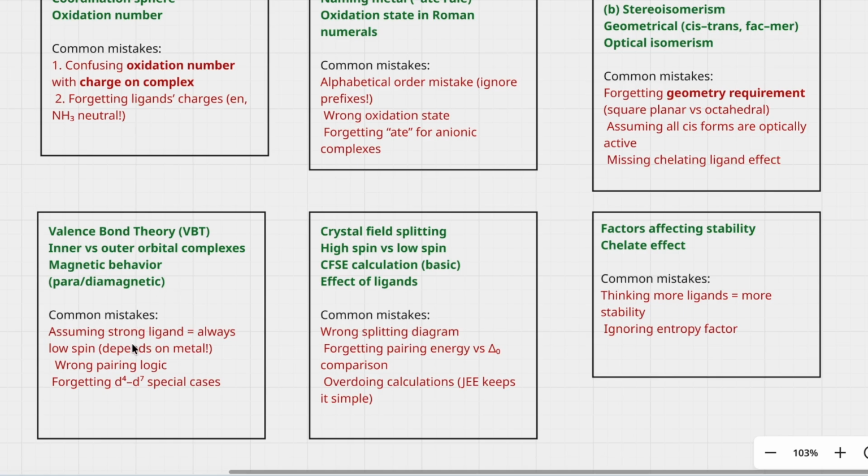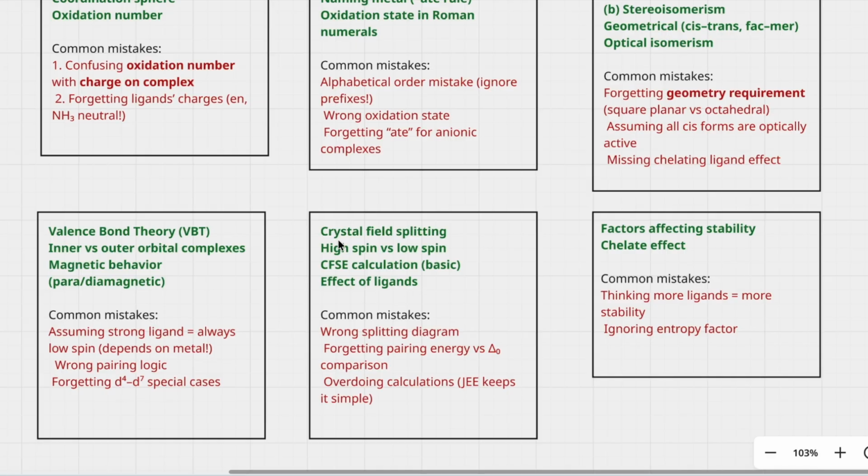Students tend to assume that strong ligand always equals low spin, but that's not true every time, because it depends on the metal which is given. And also they tend to forget d4 and d7 special cases. So you should be clear with what the rules are for d7 and d4.